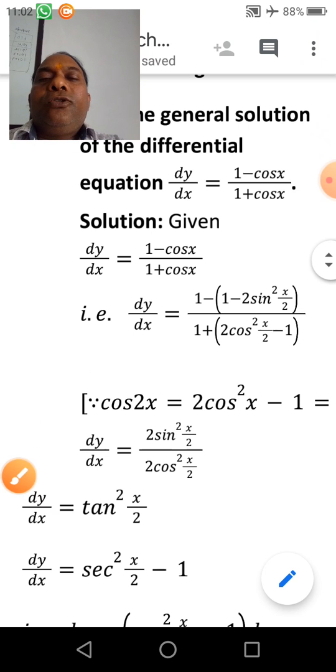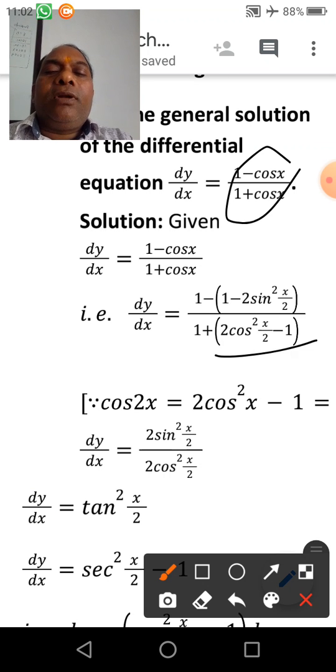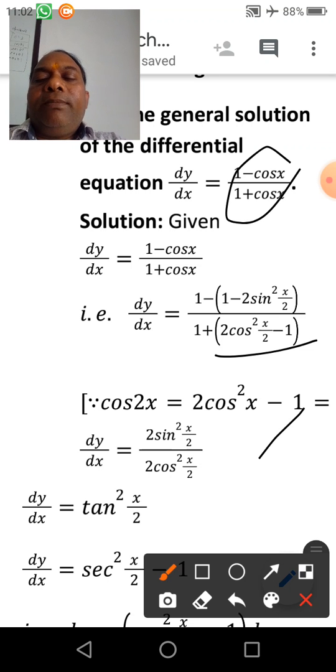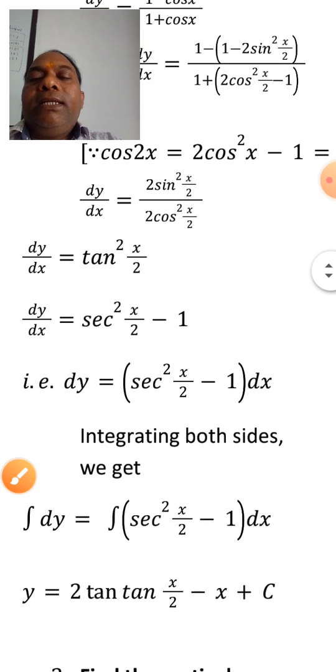By solving the given question, in the RHS put cos x is equal to 1 minus 2 sin square x by 2. So firstly solve, then you have dy by dx is equal to tan square x by 2. Also, tan square x by 2 can be written as sec square x by 2 minus 1.